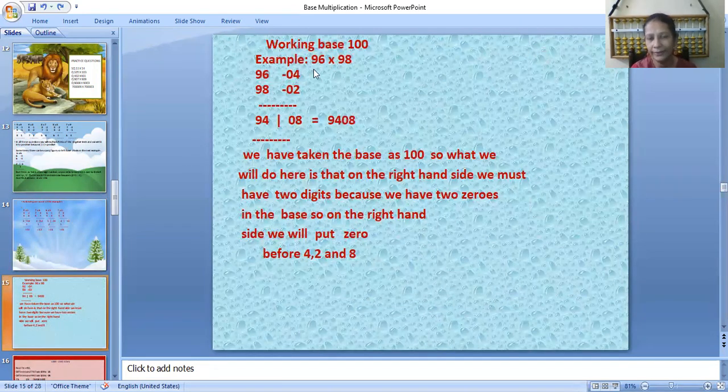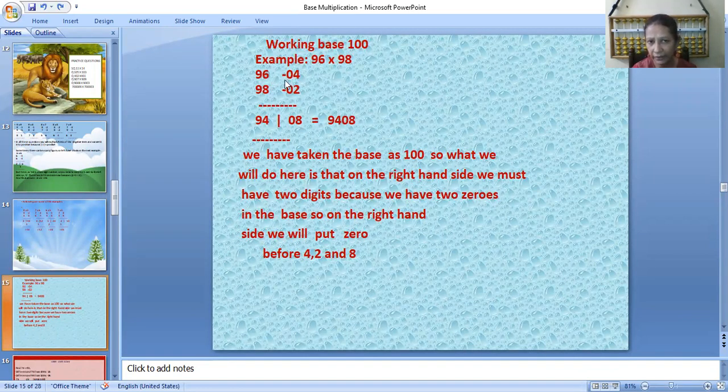Now look at this next example. Here I have taken 96 multiplied by 98 and the working base here is 100. The working base here is 100 and you can see 2 zeros are here in 100. So let's see how you can solve this. Now you see here, 96 minus 100 is equal to minus 04.